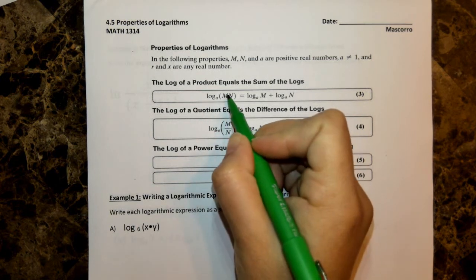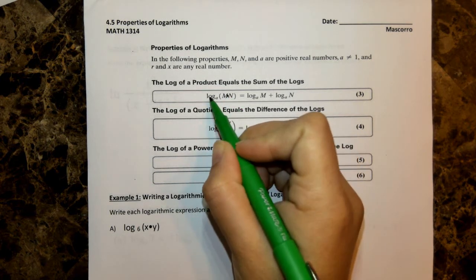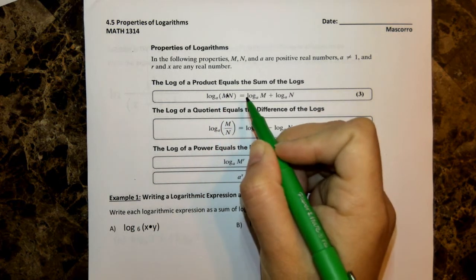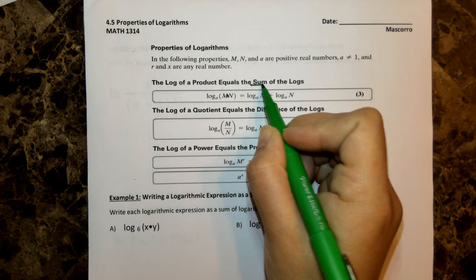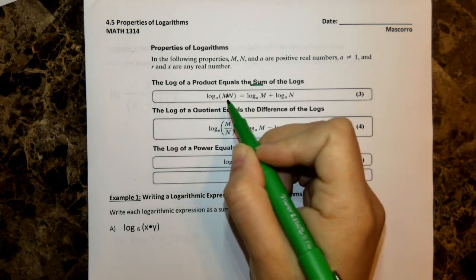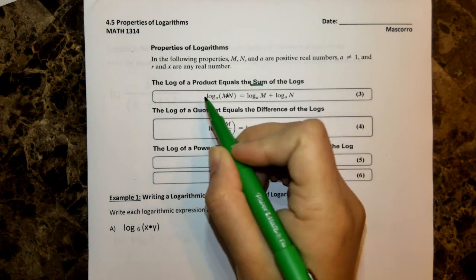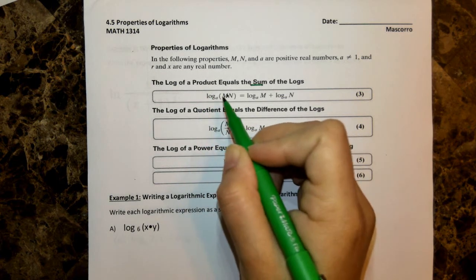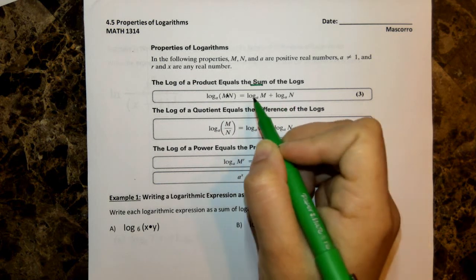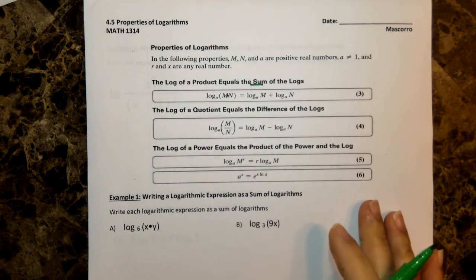So M is being multiplied by N. So if you have log base A of two things being multiplied by each other, they can be rewritten as a sum, meaning addition, of those two logs. And we'll do some examples in just a bit. But this just means you can take a single logarithm of two things that are being multiplied and break them apart into two logarithms being added together, and you'll get the same value.